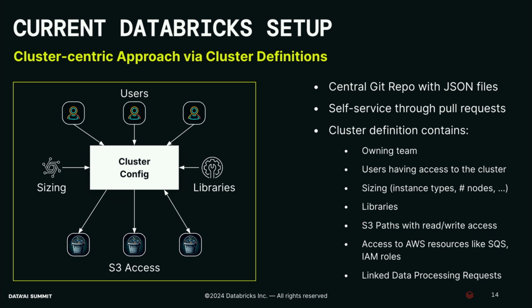So who has access to it, so all the users and robot users, the sizing of the cluster, so how many nodes, what is the instance type of the nodes and stuff like this. Also which libraries are installed at startup time, and all the access to, for example, S3, but also to other AWS resources is defined in one single JSON file that sits in a central GitHub repository.